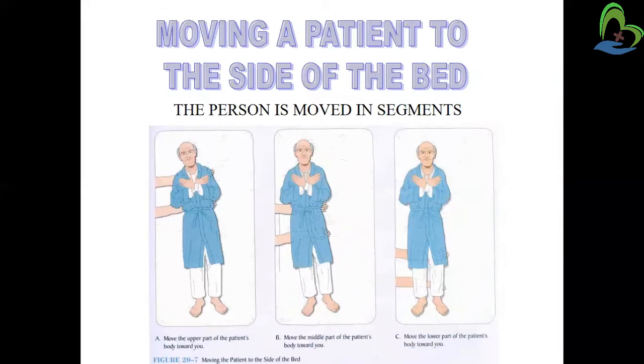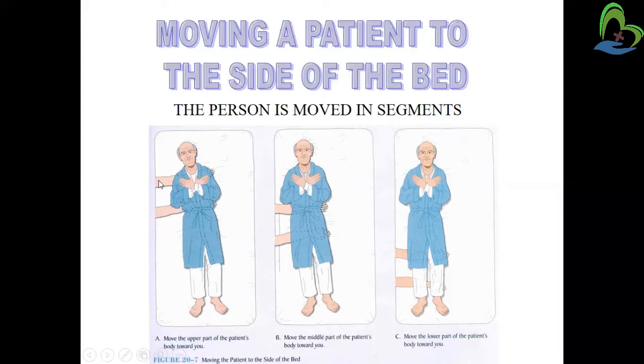If a person wants to move but within the bed itself, how can we change the position or move the patient in the bed? The person is moved in segments as shown in the image. In the three images, different kinds of positions or movements are shown. In the first image, the upper part of the patient's body is moved toward you.